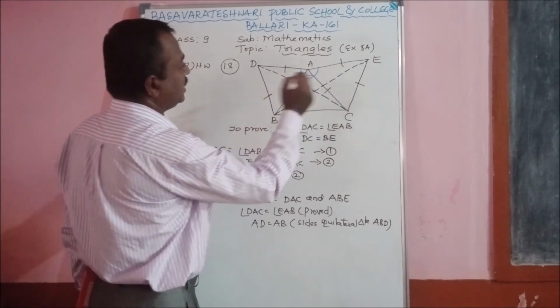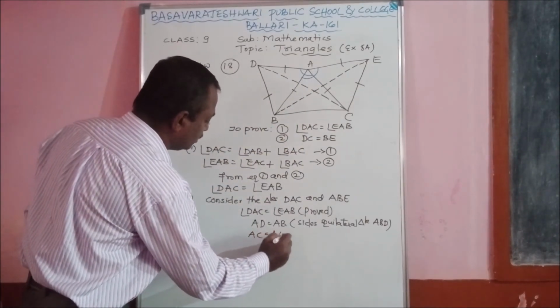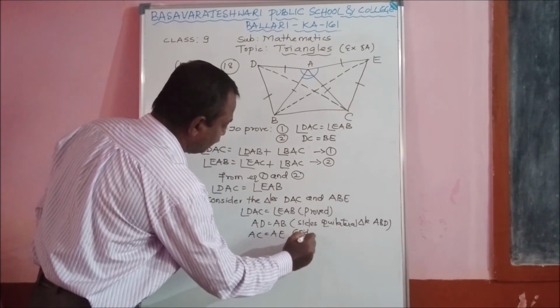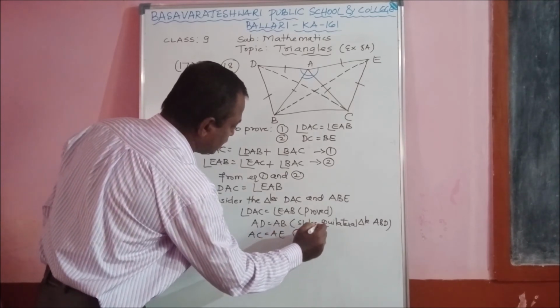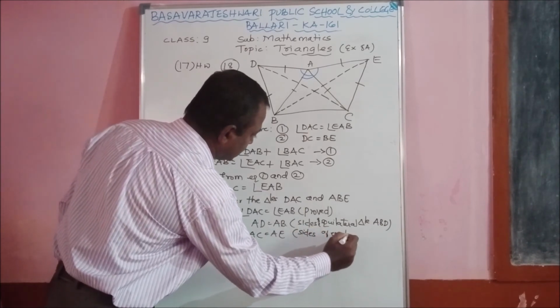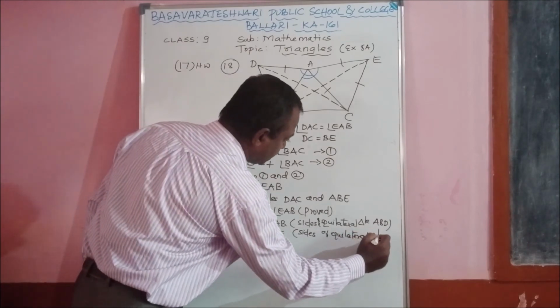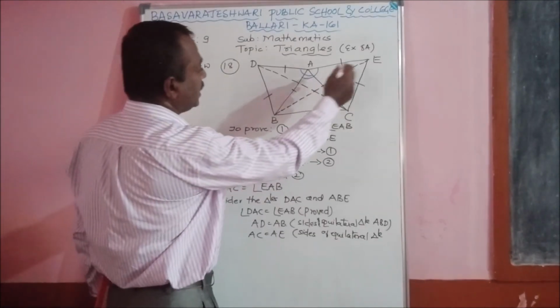Next, AC is equal to AE, sides of equilateral triangle. Which is the triangle? AEC.